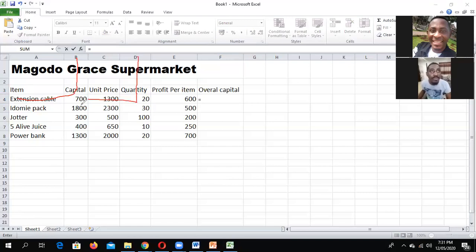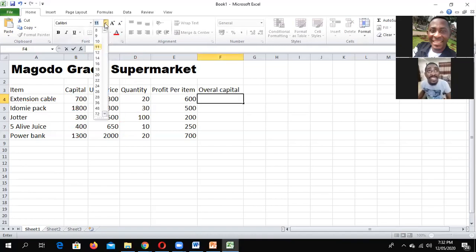We would say B5 times D5, B6 times D6, B7 times D7, B8 times D8. By the time we're done with this calculation, we would know how much they invested on each item.